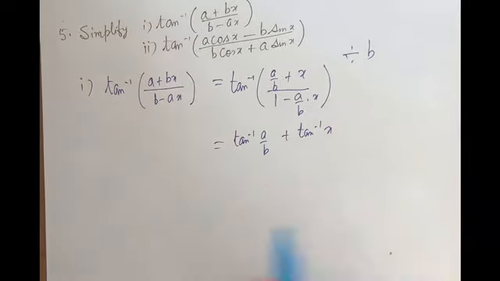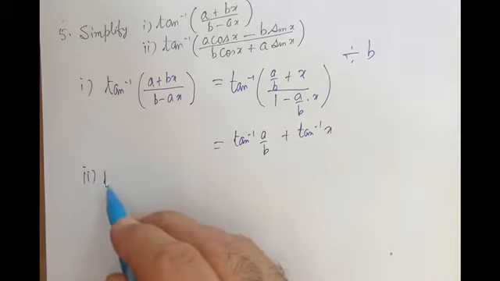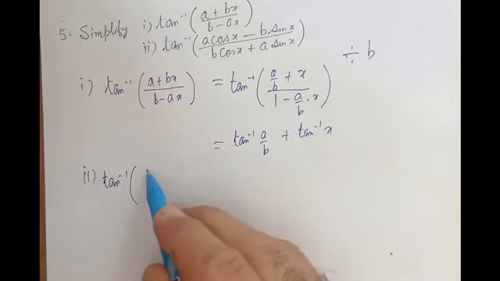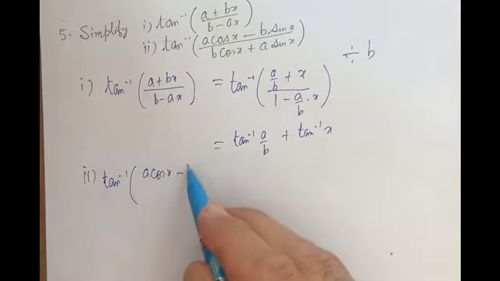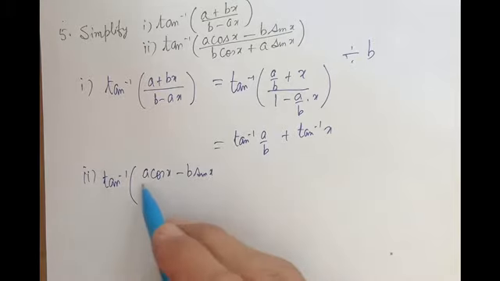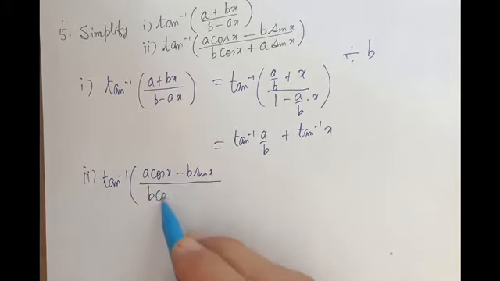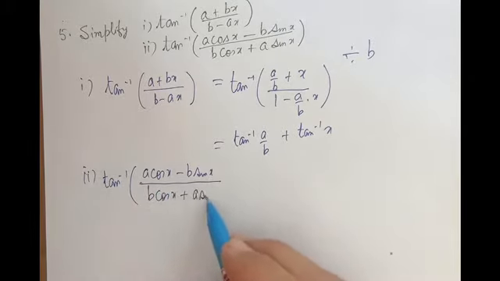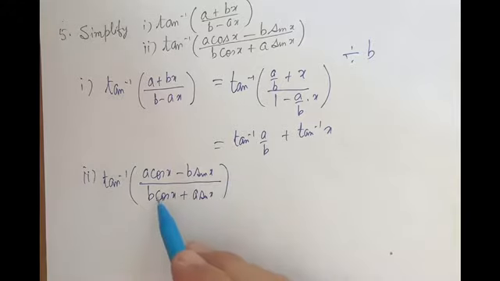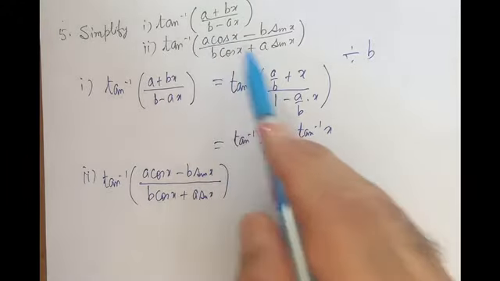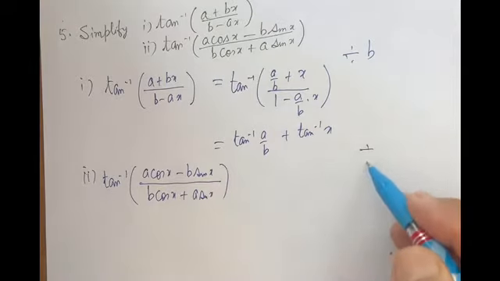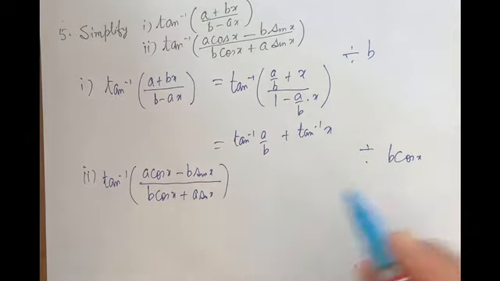In the second part, we are given tan inverse of a cos of x minus b sin of x upon b cos of x plus a sin of x. So we need 1 here. We wanted 1 here, so we divided by b. Here we will divide by b cos of x.